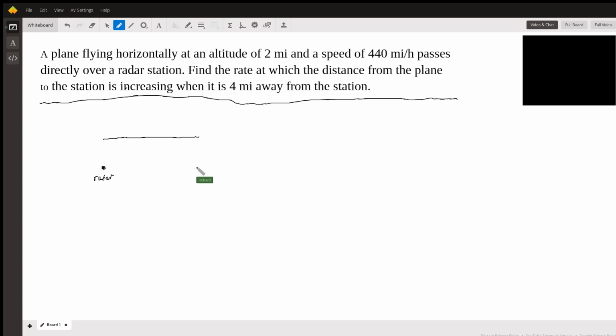It's flying at a height of 2 miles. And at some point, it's 4 miles away from the station.